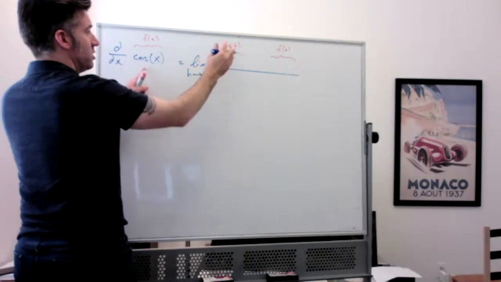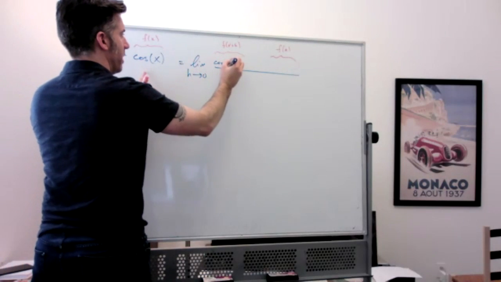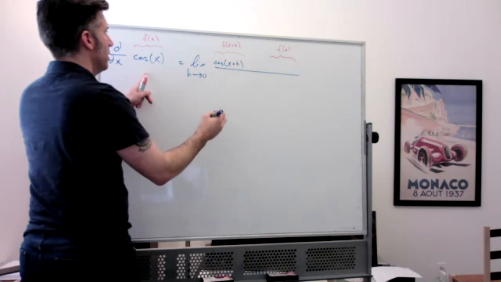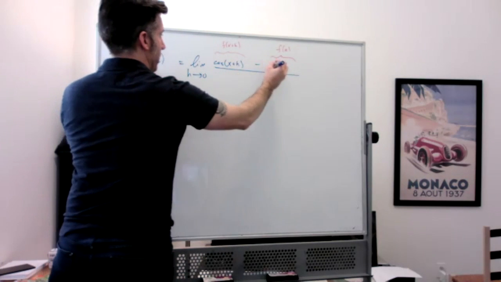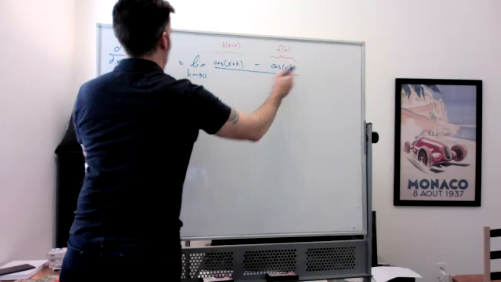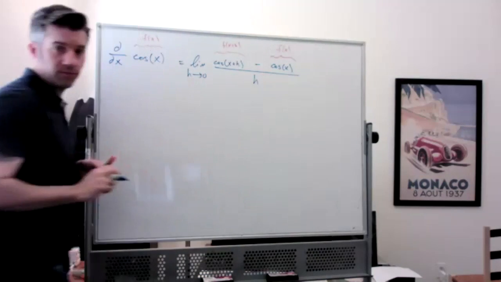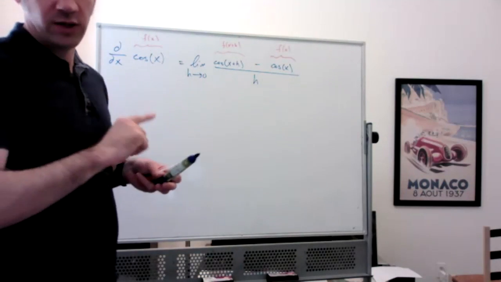F of x plus h is cosine of x plus h, and f of x is cosine of x, all over h. Any questions about this so far?